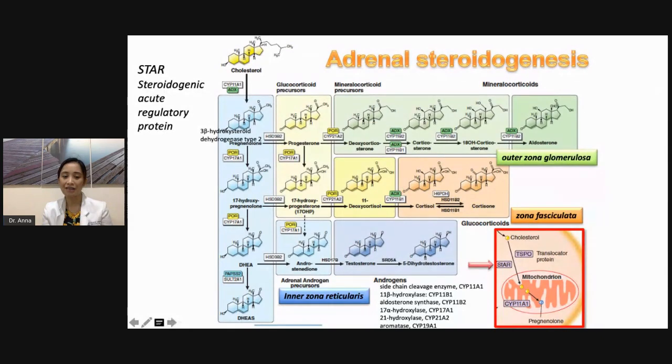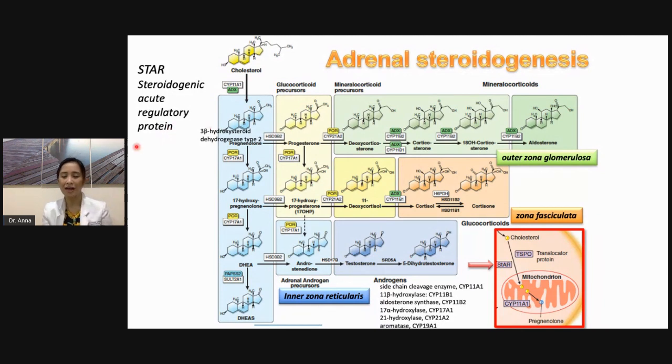And this first rate limiting step is facilitated by your STAR, your steroidogenic acute regulatory protein. So that's the first rate limiting step in adrenal steroidogenesis.